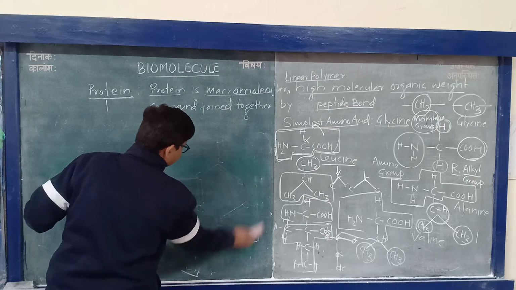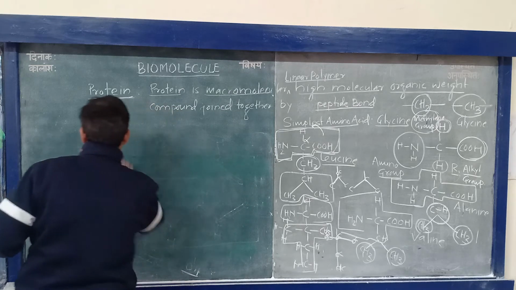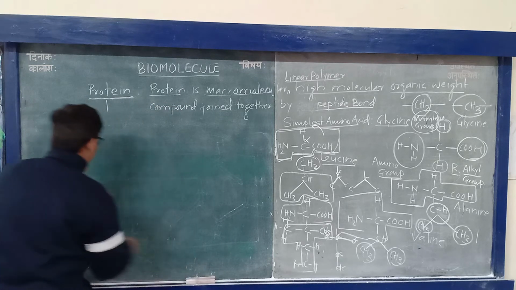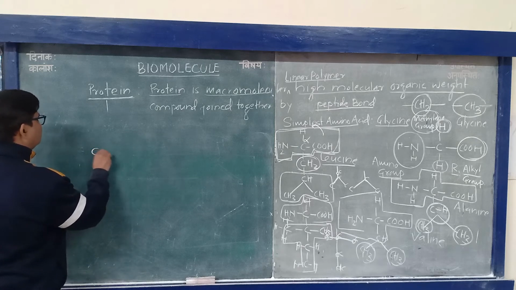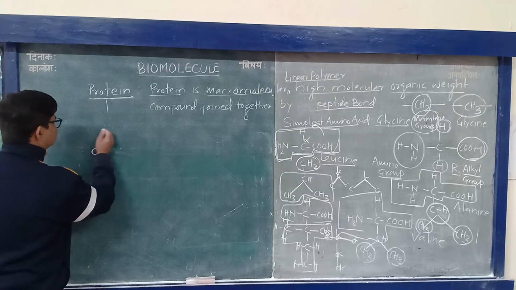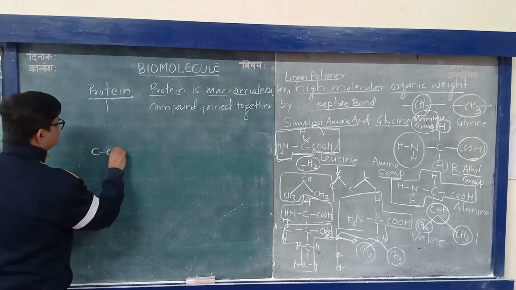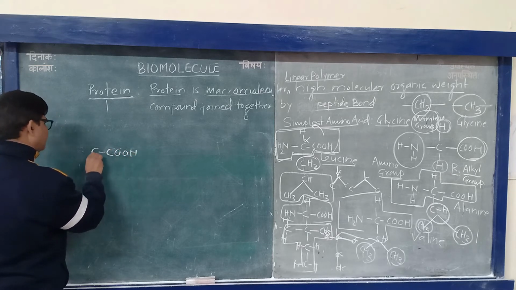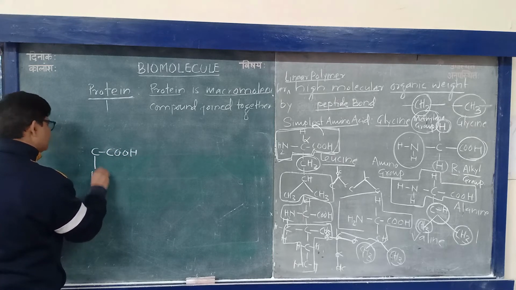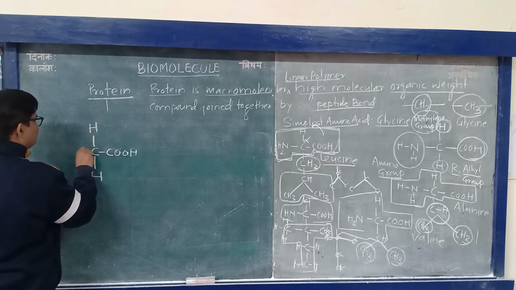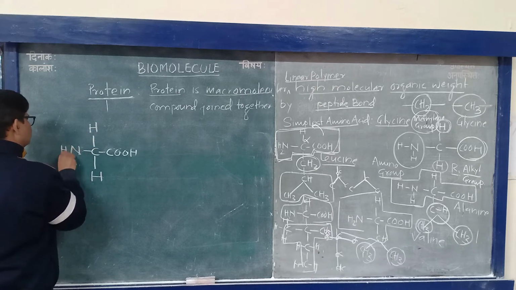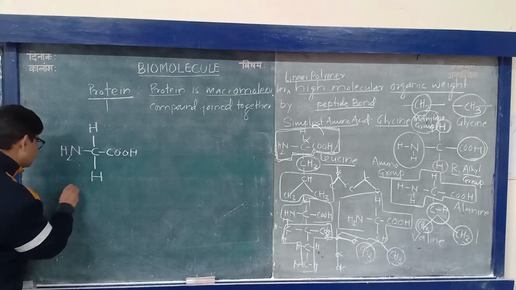Suppose I am going to draw one simple amino acid. This is the acid group, this is hydrogen, this is hydrogen and this is the NH2 group. Okay, so this is glycine.